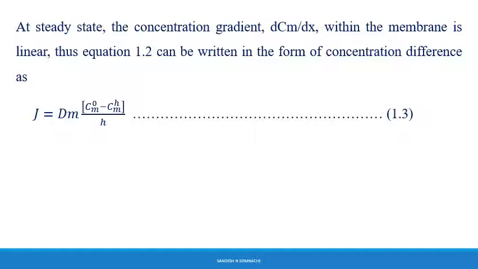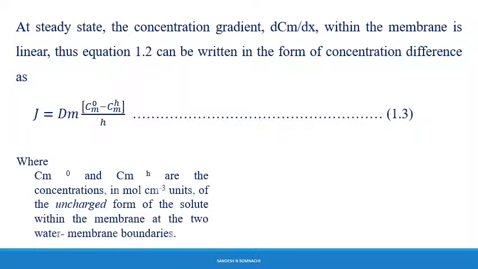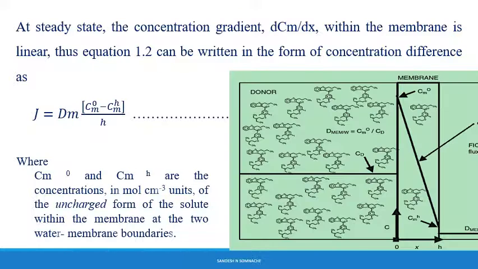So we can rewrite the equation 1.2 as J is equal to Dm (CM0 minus CMH) upon H, where CM0 and CMH are the concentrations, in mole per centimeter cube, of the uncharged form of solute within the membrane at the two water membrane boundaries.